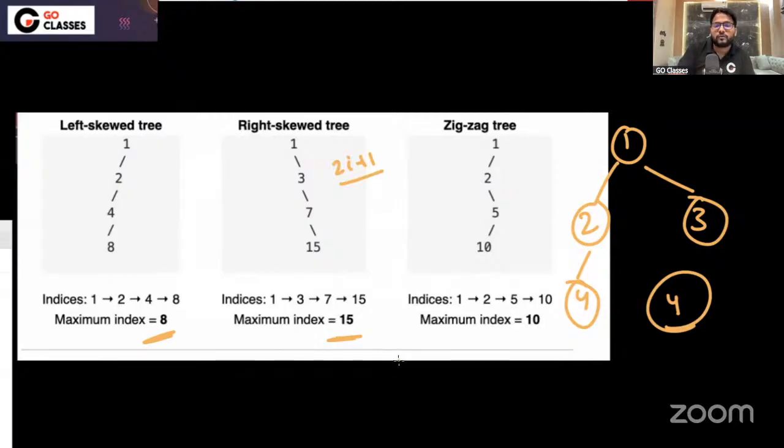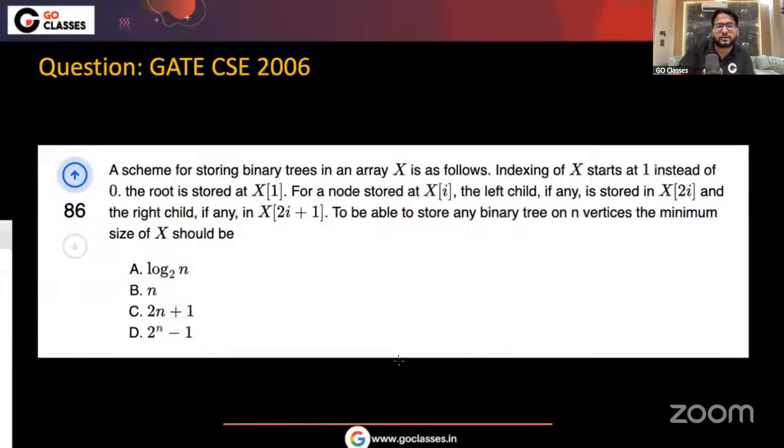So basically they are asking: to build a binary tree on n vertices, if you have n vertices, then what should be the size of the array?